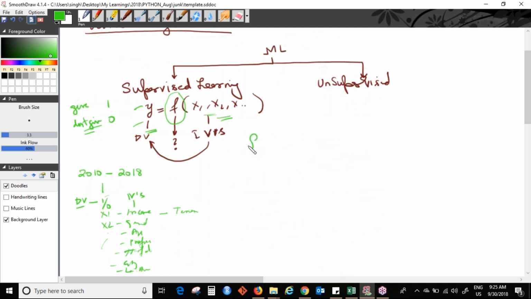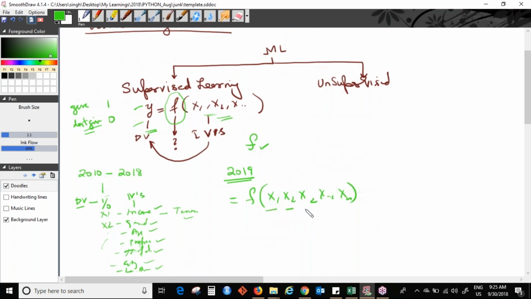Now let's say I have found my function f. Now f is known to me. Now what I will do, come 2019, I know my f, and I will collect these independent variables from the new customers. From the new customers I'll ask their income, gender, age, profession, the number of dependents they have, the city in which he lives, the loan amount, and obviously the tenure he is planning.